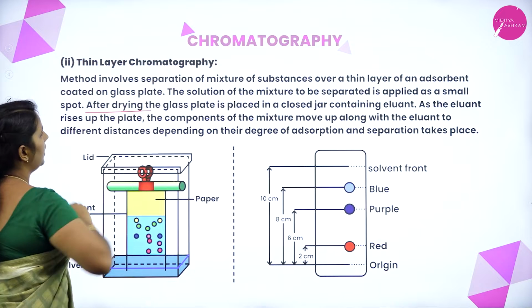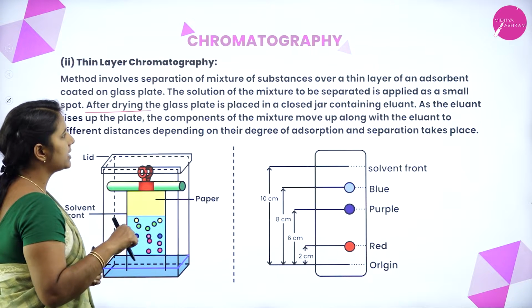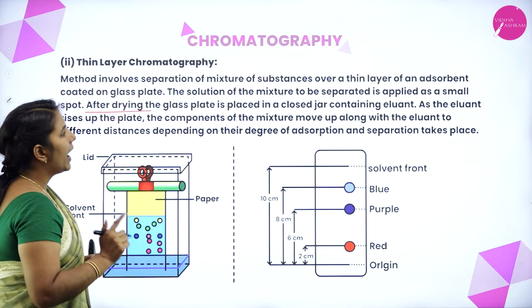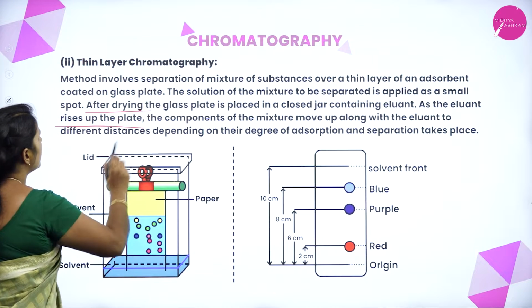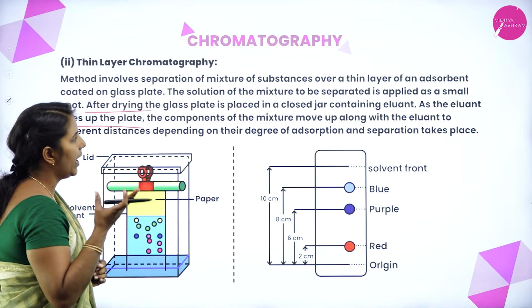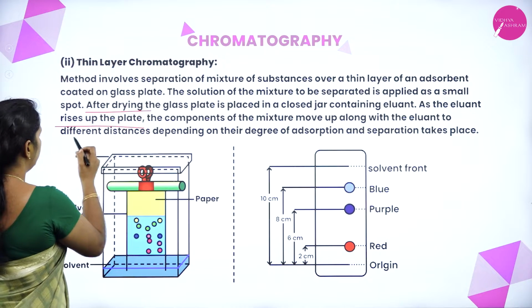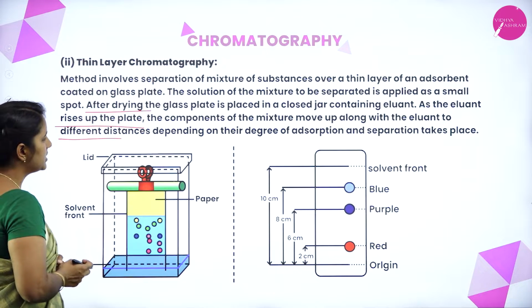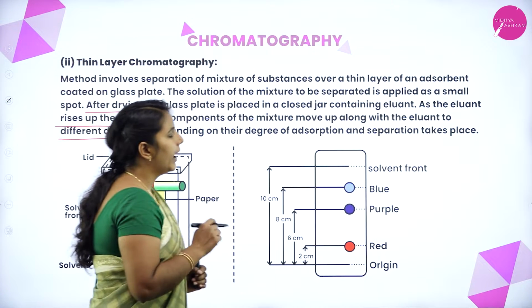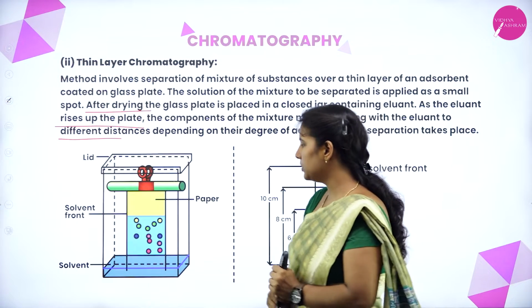After drying, the glass plate is placed in a closed chamber containing eluent. As the eluent rises up the plate, the components of the mixture move up along with the eluent to different distances depending upon their degree of adsorption and separation.